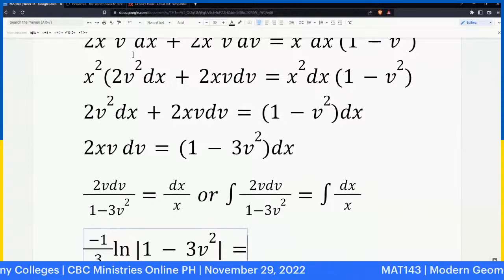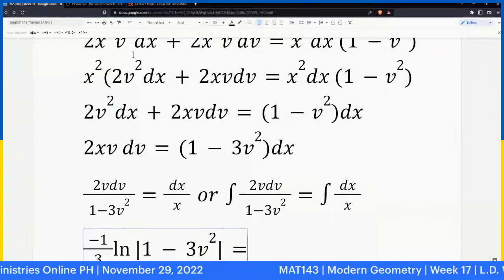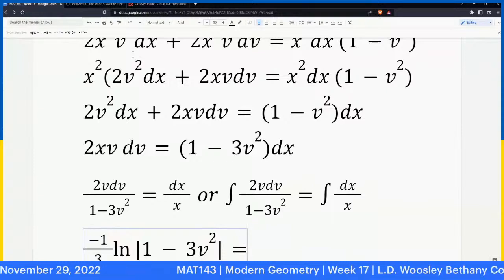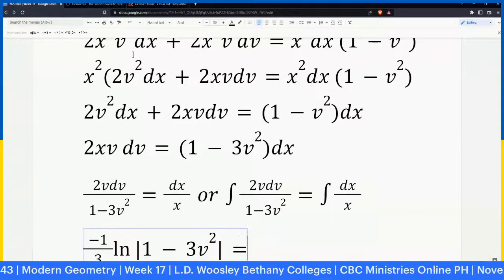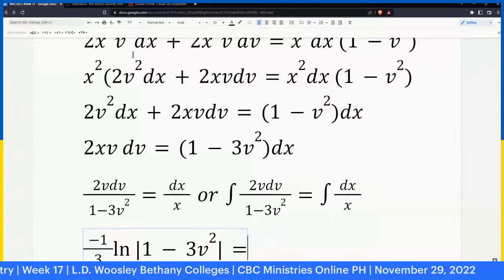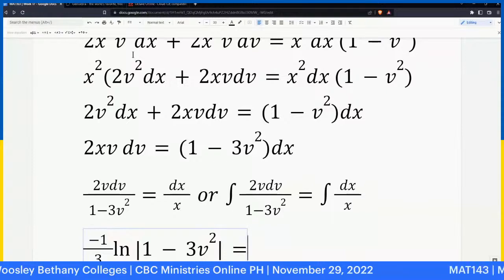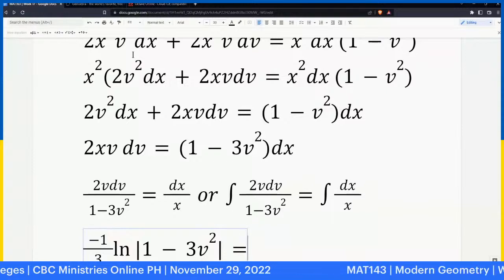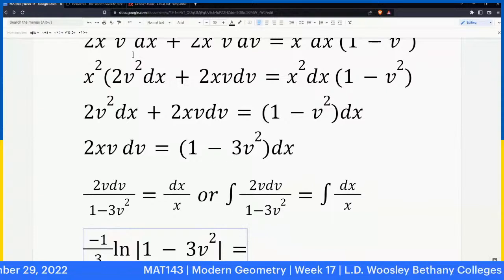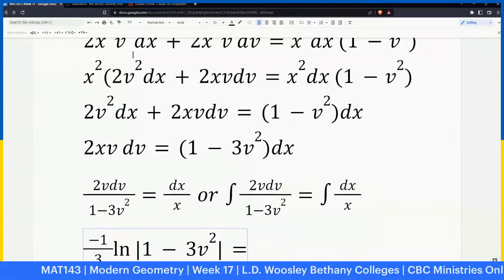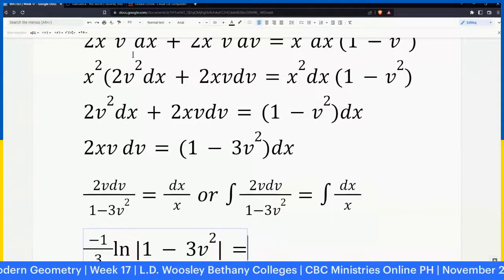Okay, nagets ba, Micaela? Du over u. Alright? So, derivative of u, negative 6b. Ano lang yun nandun? 2 lang. So, kailangan mo ng neutralizing factor na negative 1/3. Right? How about the right side naman? Right side of the equation.